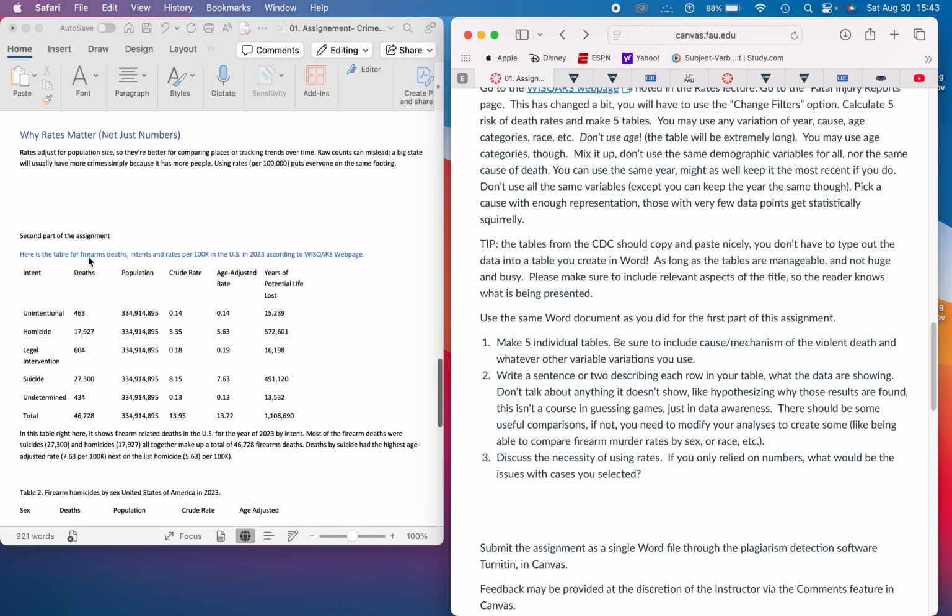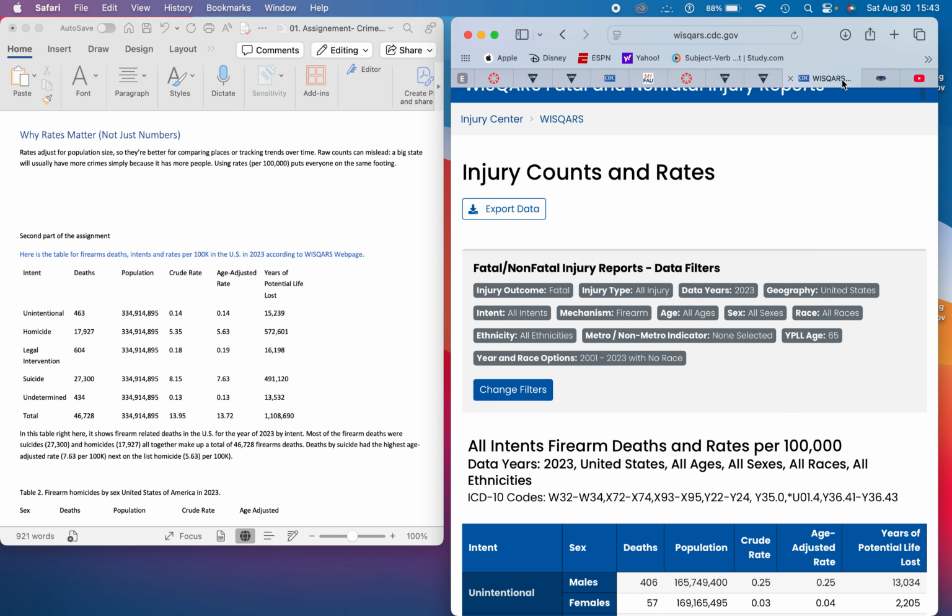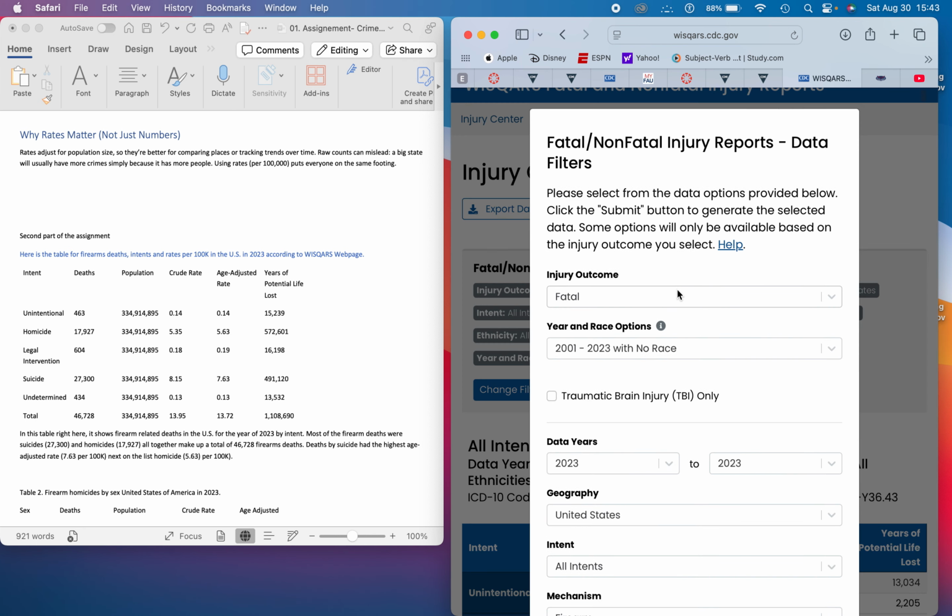The first one is firearm intent and rate per 100K in the US. I choose the year 2023. For that case, we're gonna have to go to a different website, which is right here, the CDC. We can do the filter. Since we're talking about intent, that's fatal because they're talking about that.